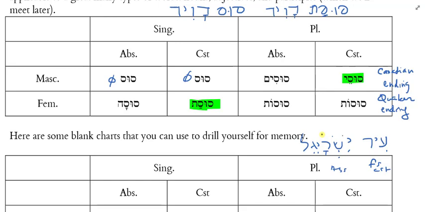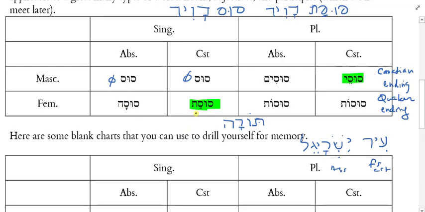Let me give you one more word that you might see quite a lot in the Hebrew Bible. It's the word Torah. How would I make this normal absolute feminine singular form of Torah construct and say something like the law of Moses?